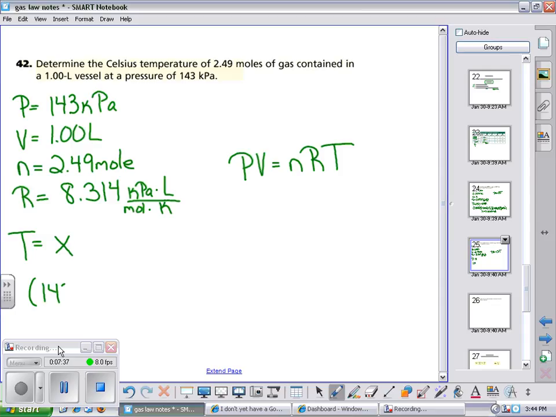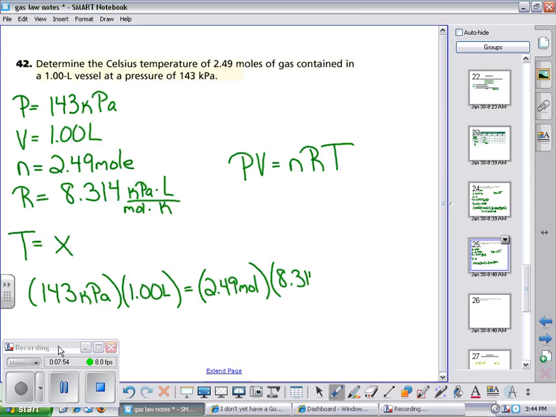So 143 kilopascals. Our volume is 1 liter. The moles, 2.49. The R, 8.314. And the temperature is the thing that we're looking for in this particular problem.